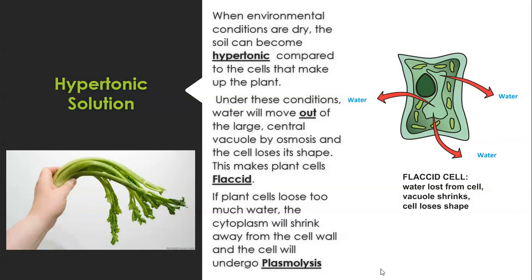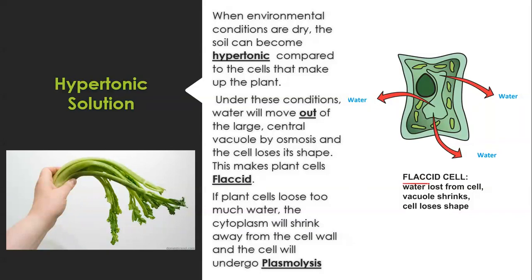Their central vacuoles, that big container that most plant cells have that stores water, it will shrink. That causes the cell to shrink, right? Turgid is when the vacuoles are filled with water and the cell is rigid. When the cell loses water and it becomes all shriveled, that's called flaccid.